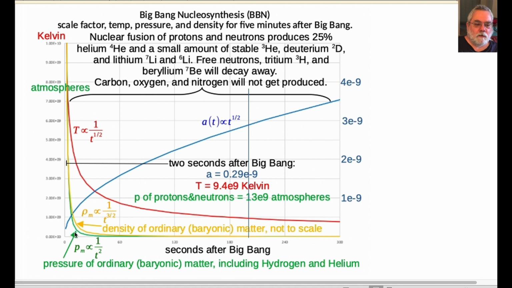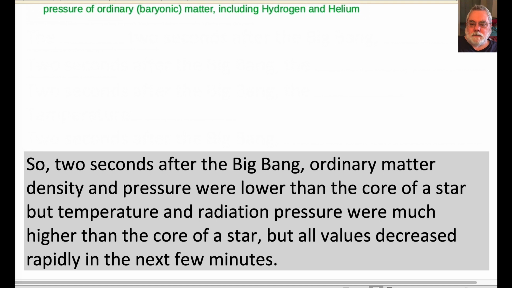This is the green curve on the graph, with its scale on the left-hand side, from 0 to 10 billion atmospheres. So, 2 seconds after the Big Bang, ordinary matter density and pressure were lower than the core of a star, but temperature and radiation pressure were much higher than the core of a star. But all values decreased rapidly in the next few minutes.